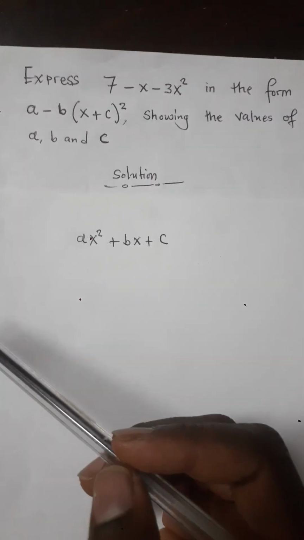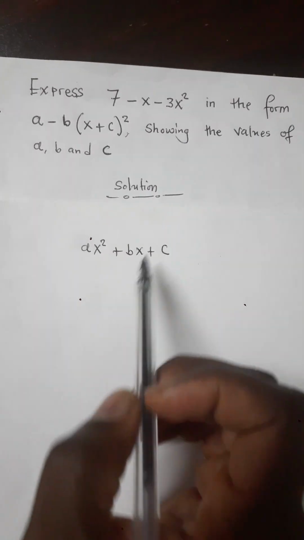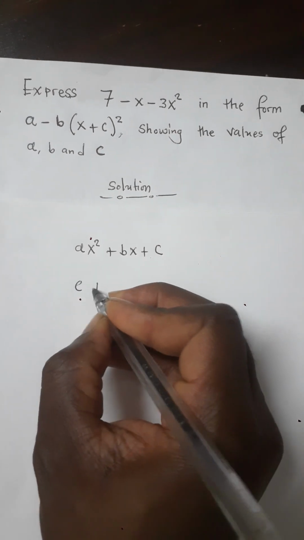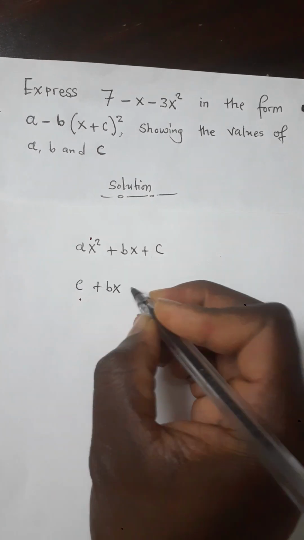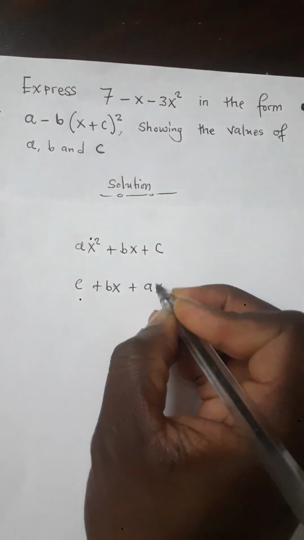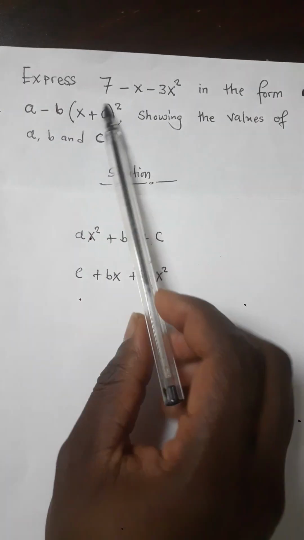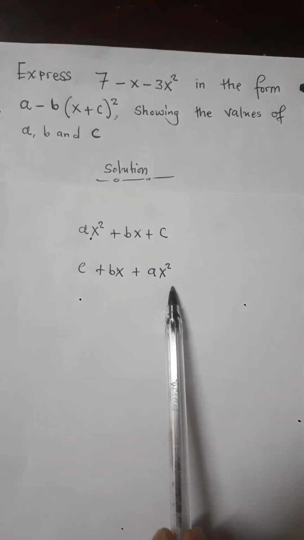Okay, so in reverse, what I mean is, they've started with a constant, so it is c plus bx plus ax squared. So this is the quadratic expression that has been given, and it is in that form.